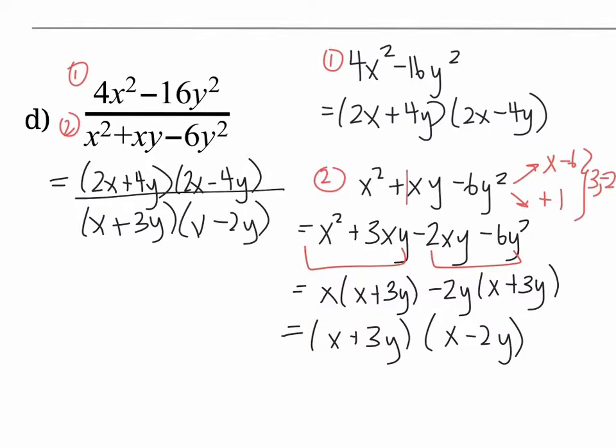So looking at this, it doesn't look like anything can be crossed out, huh? But I'm looking at this, 2x minus 4y, x minus 2y. Is there anything I can do to this to make it look like this?